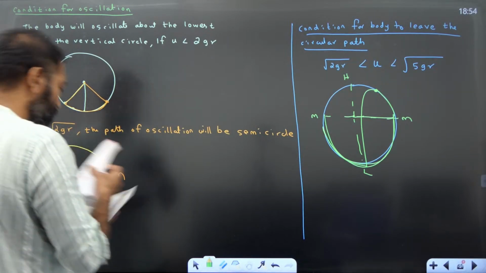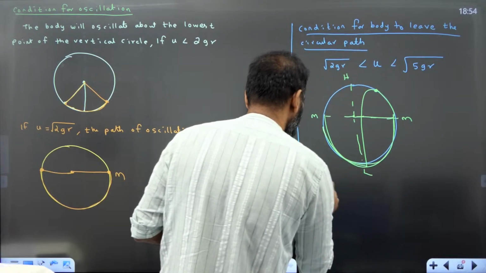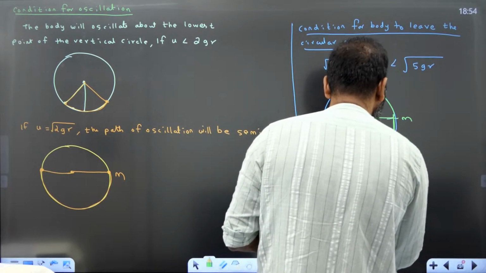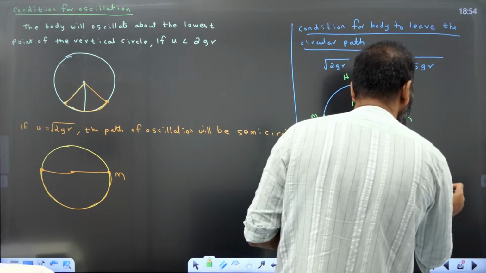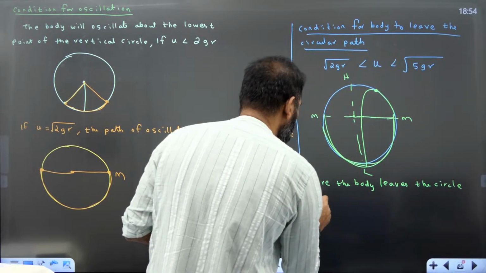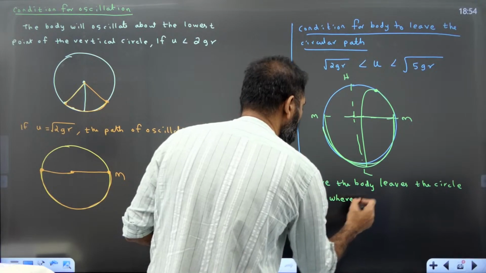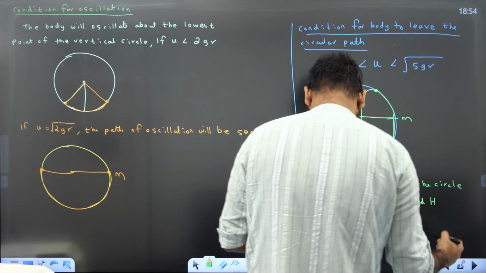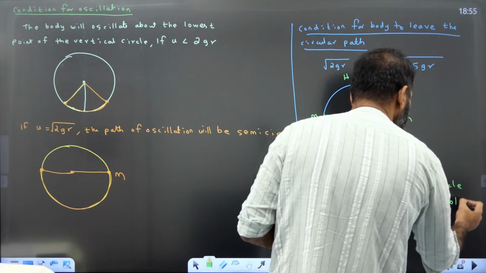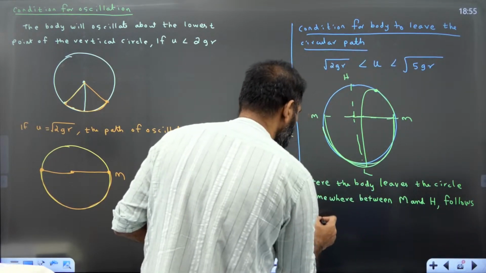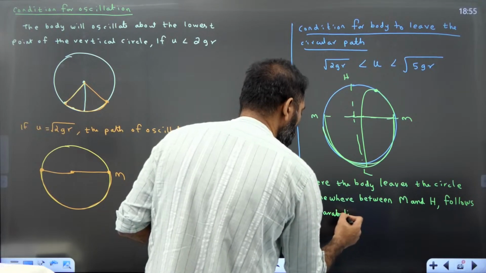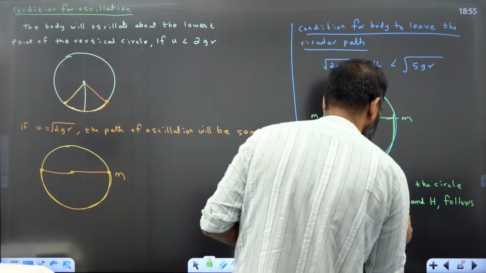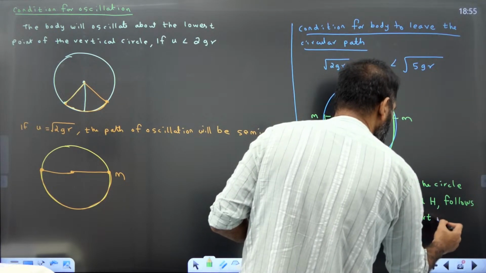So what happens here is that the body leaves the circle somewhere between M and H, and follows a parabolic path for a short while.